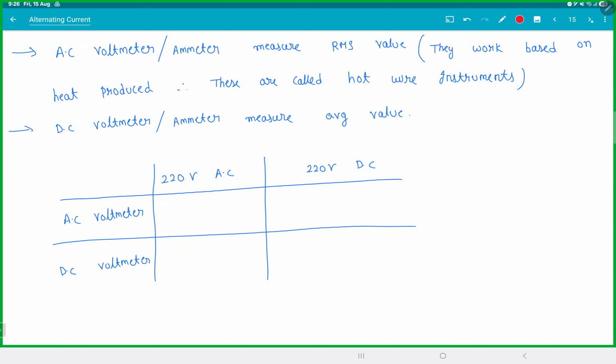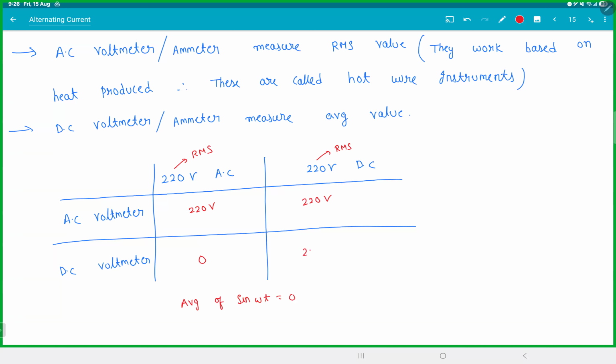For 220 volt AC, what is the RMS? This is the RMS, 220 volt. For 220 volt DC, what is the RMS? Same value. For a constant voltage, the RMS value is the same. So the AC voltmeter will show 220 because it measures the RMS value. But what does the DC voltmeter show? DC will show 0. Why? The average of a sine function. If you take a periodic function like this, the average value is 0.